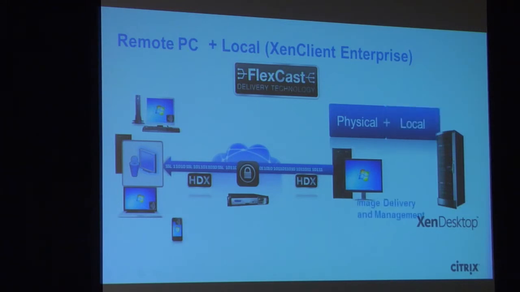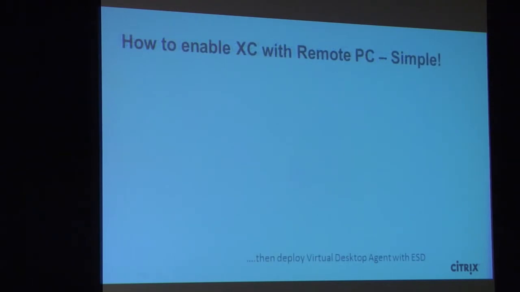So with XenClient Enterprise and using the local option, that image is now delivered from the enterprise data center out to the endpoints, but you're still accessing them securely at the cubicle itself. And it's so simple. I hadn't looked at XenClient Enterprise Nextop, if you will, prior to a couple of weeks ago.